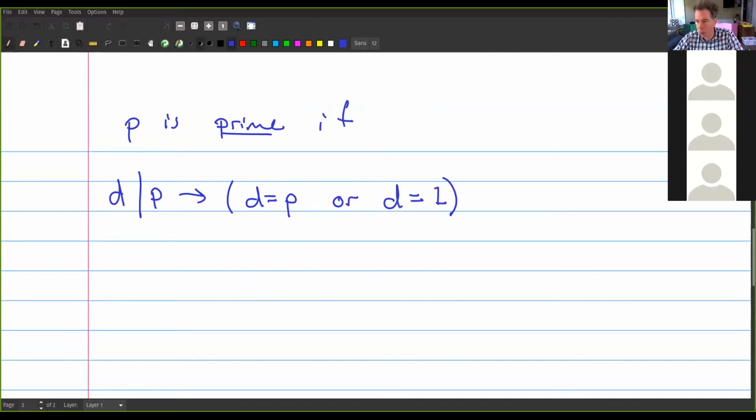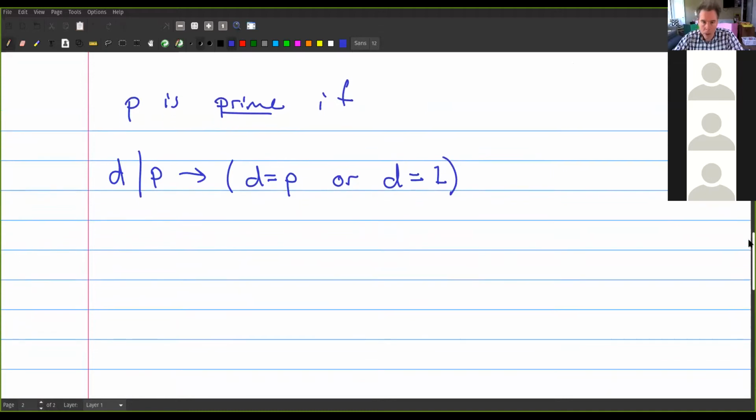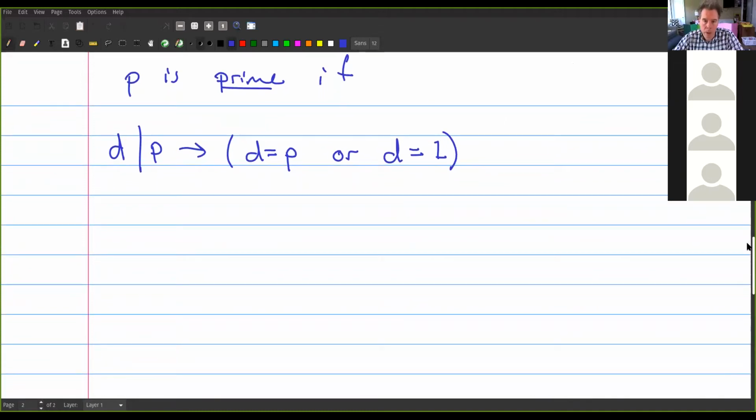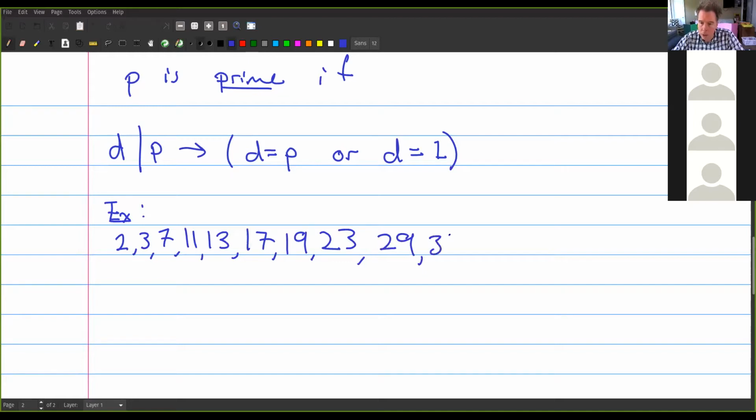So in other words, there's only two numbers that divide a prime, just itself and 1. And everybody probably knows lots of examples, like 2, 3, 7, 11, 13, 17, 19, 23, 29, 31, etc.